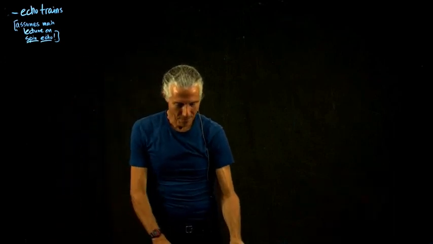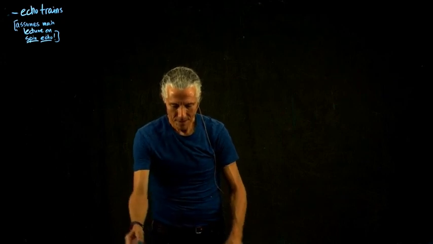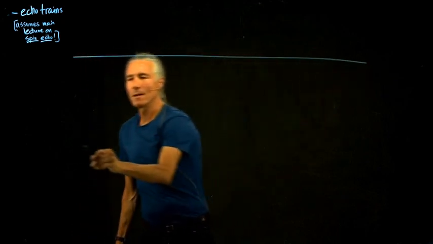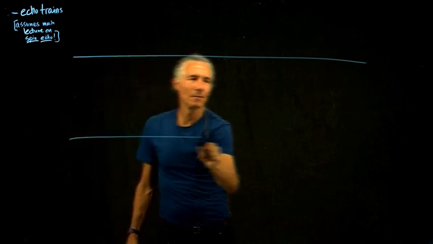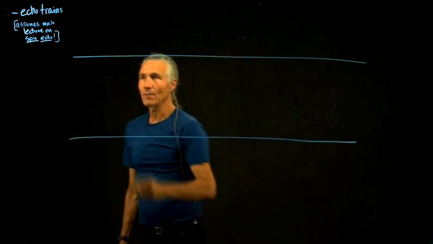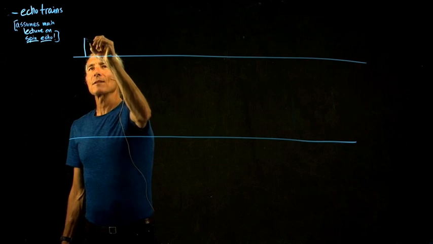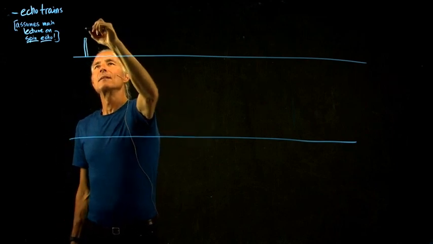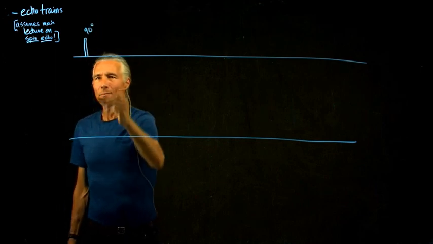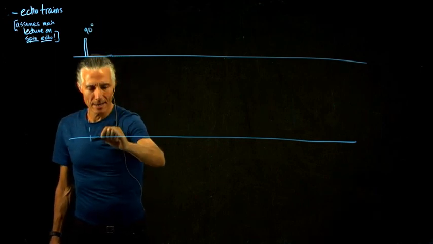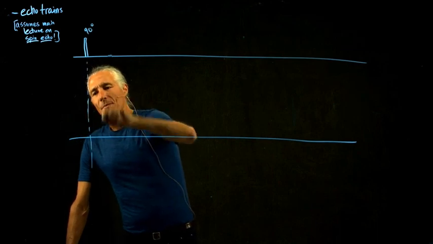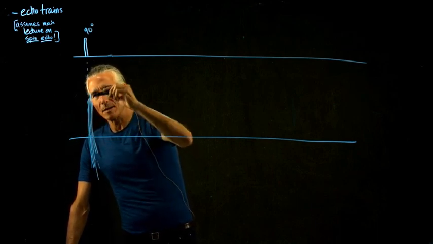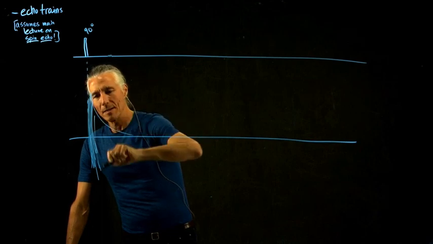Okay, so what's a simple practical pulse sequence? Here's the RF. Now we'll start off with a 90. And why would we do a 90? We want a 90 because a 90 will give us by far the biggest signal. So here's our initial FID.